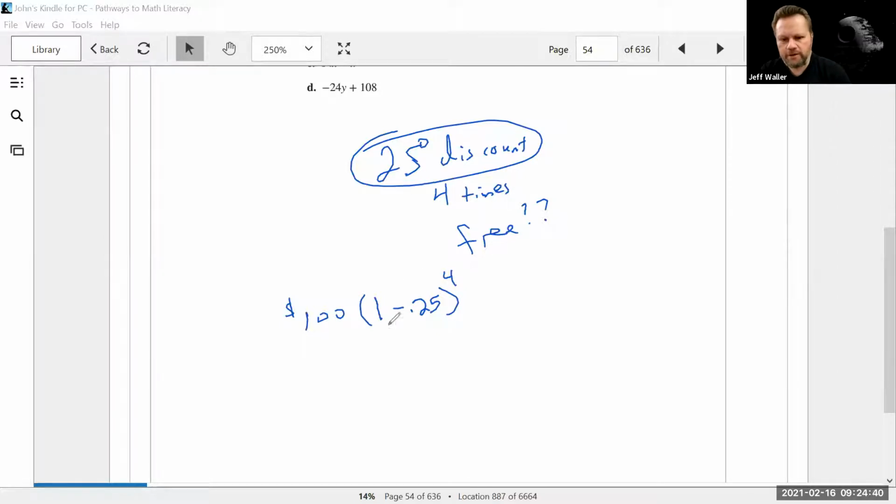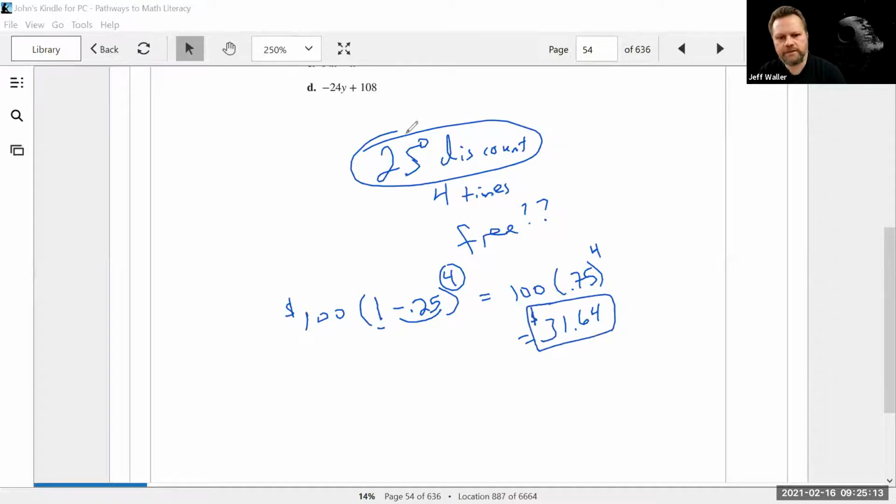Can you guys do this in your calculator? Let's see what this is. Neato. 31.64.